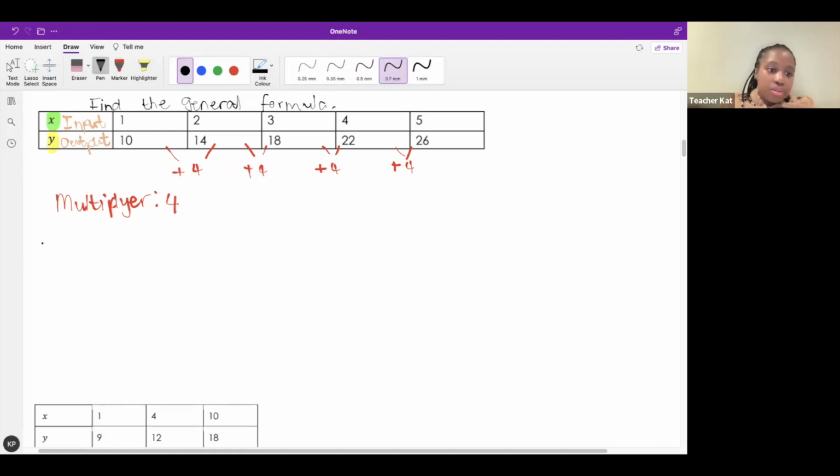Positive 4. So I'm going to take 4, times it by the first input, which is 1. What's 4 times 1? It is 4, but we want to get to 10. So what do I still have to do to this sum to get to my desired output? Nice. I have to add 6, and that will give me 10. Let's check if it works for the next one.